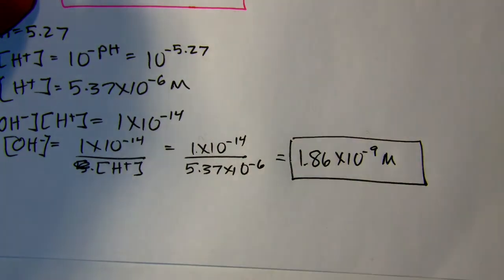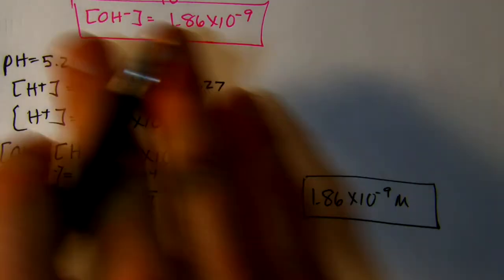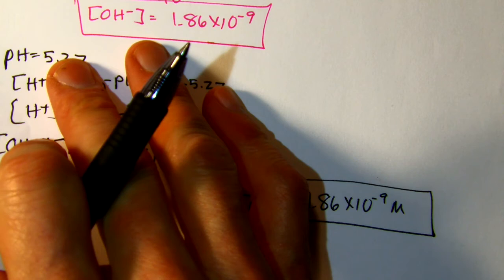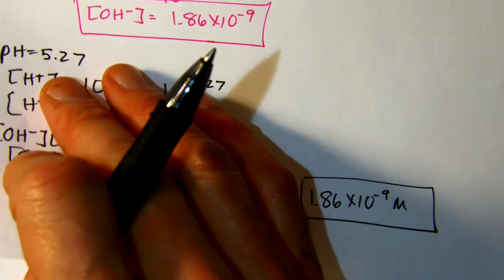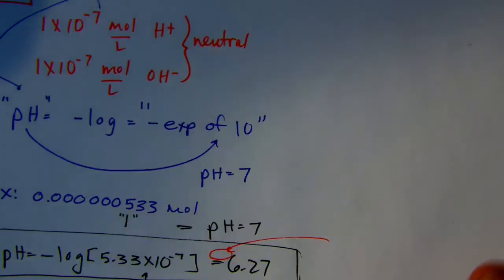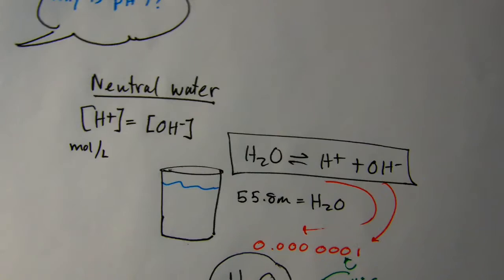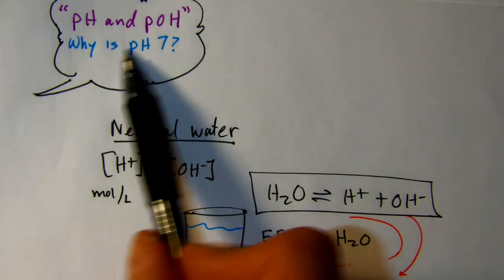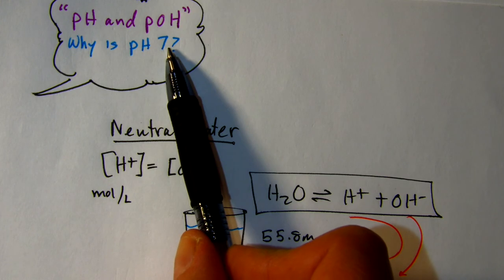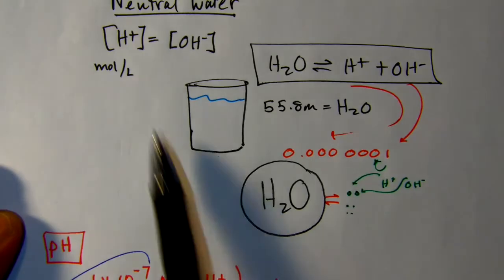Okay, guys, let's go back and suffer a little bit more. We had so many calculations in here, I don't know where we are. So, you have this idea that there's a relationship between pH and pOH, and the question is, why do you have pH 7? That's for neutral water.